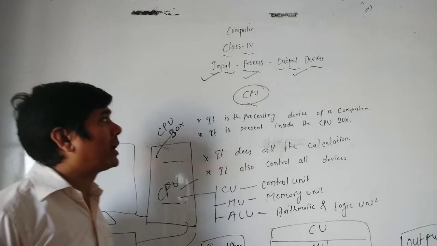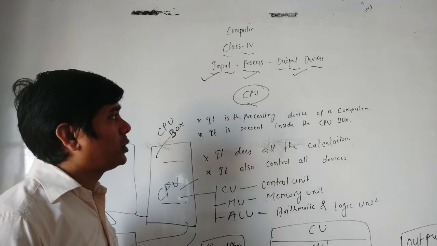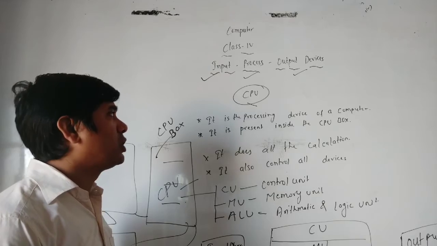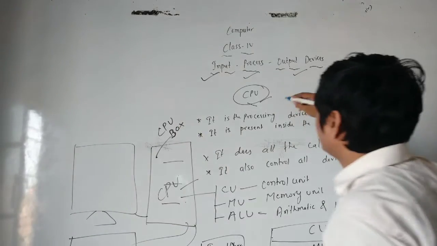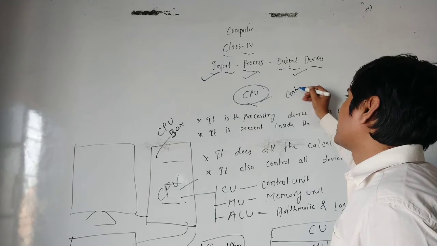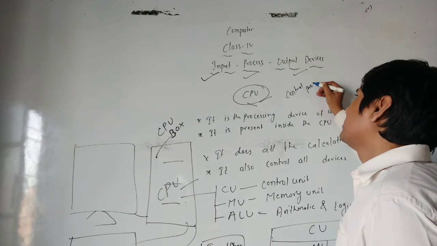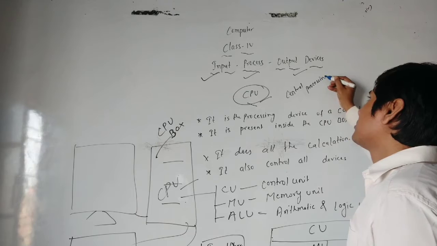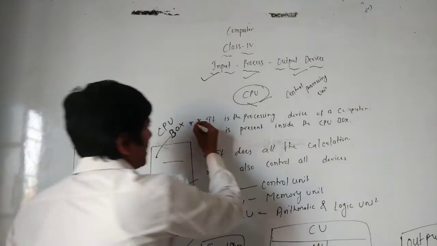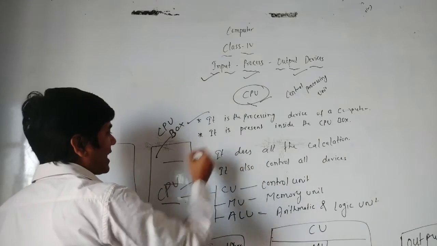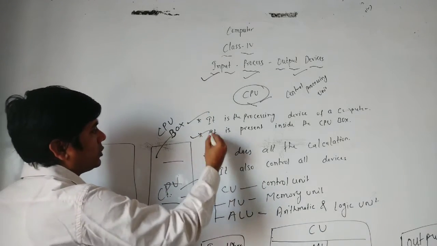So what is CPU? CPU means central processing unit. It is a processing device present inside the CPU box.